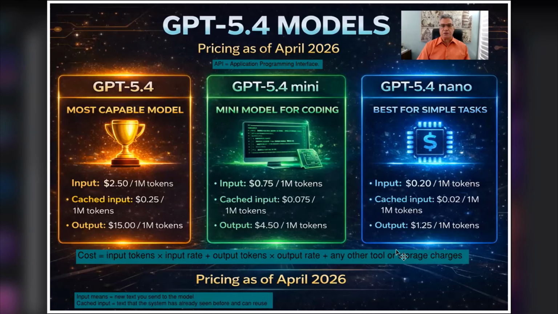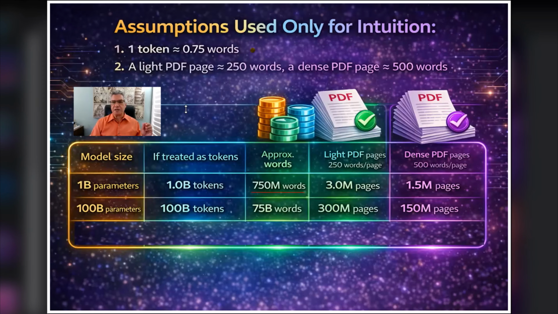This slide here, we're just going to compare the three: the parameter, the token and the PDF. As we said, if you have a 1 billion parameter model, this is about 1 billion tokens, and roughly it will give you about 750 million words.